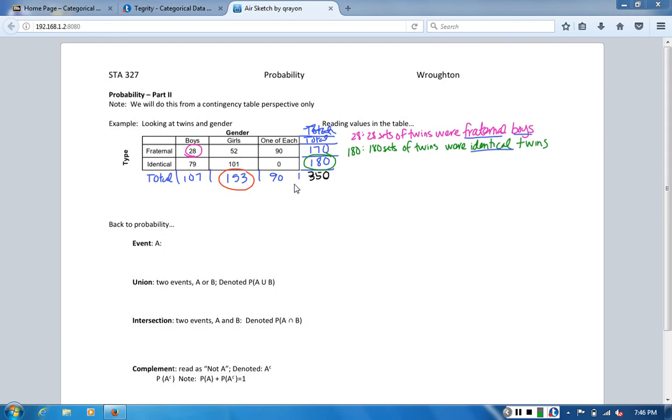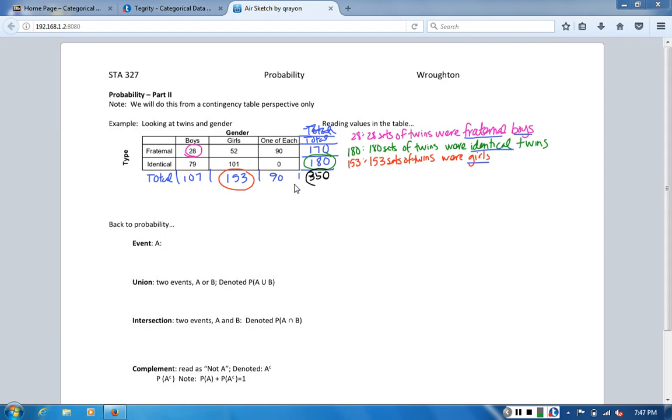Now let's talk about one of these column totals. For example, this 153 would just tell me 153 sets of twins were girls. So it only tells me about gender, but nothing about the type of twins that we have.